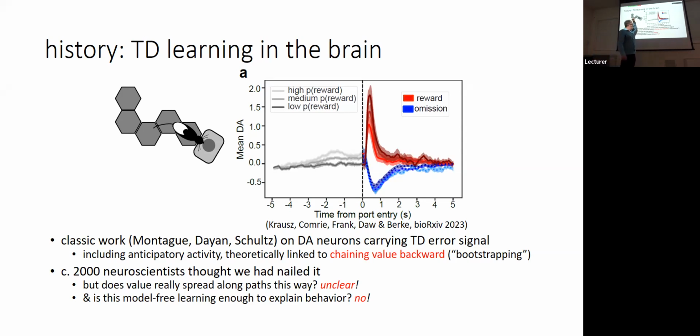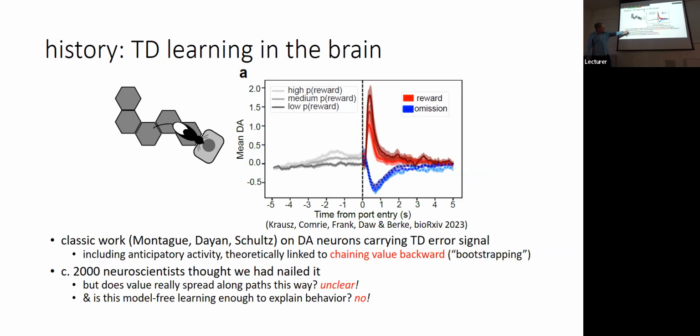She's got a fiber photometry set up, and we're measuring dopamine using the fluorescent sensor dLight. So this is when she gets to the reward port, and if she gets a reward or not, you see this beautiful prediction error signal. That is, you see a positive prediction error if she's unexpectedly rewarded, more so if she's expecting a reward less, and vice versa for negative prediction error. So there's a classic prediction error signal, and there's been a long idea that these dopamine neurons carry this temporal difference error signal.